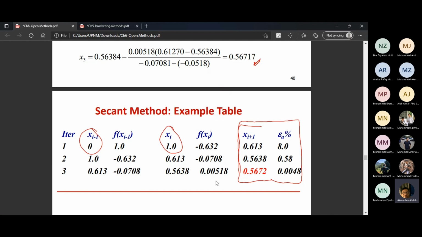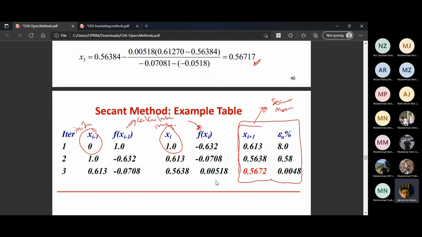We calculate these two from the given function f. These are the initial values. And these ones we calculate from the second method's formula.